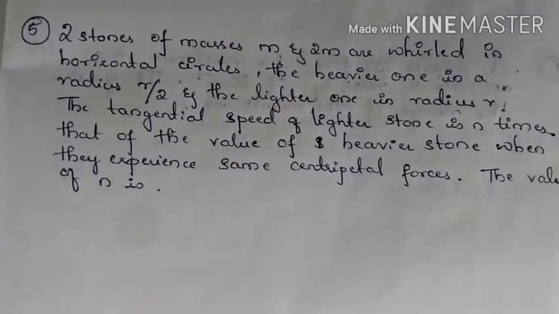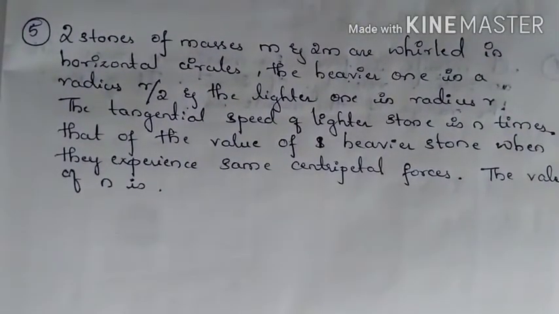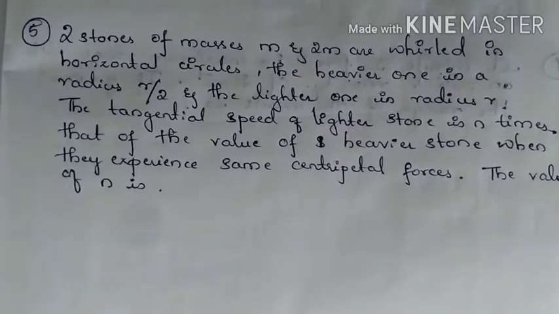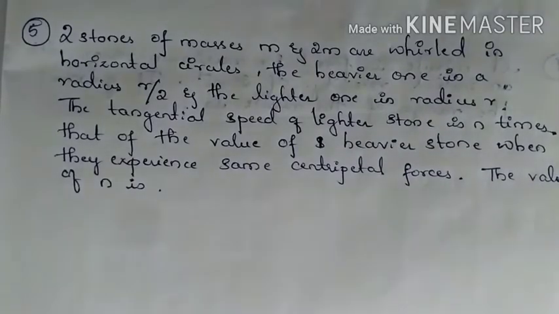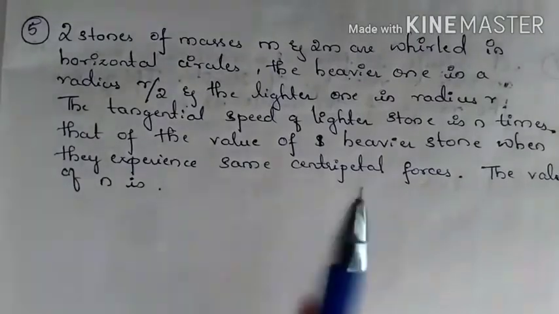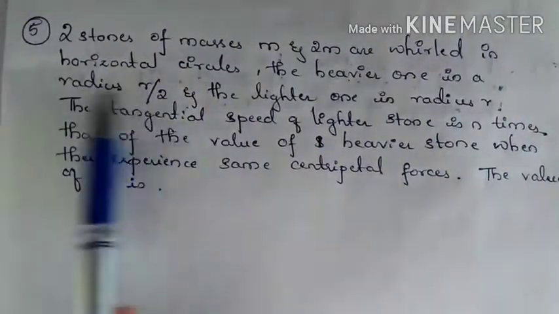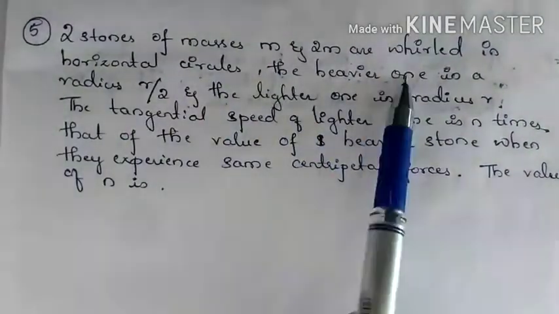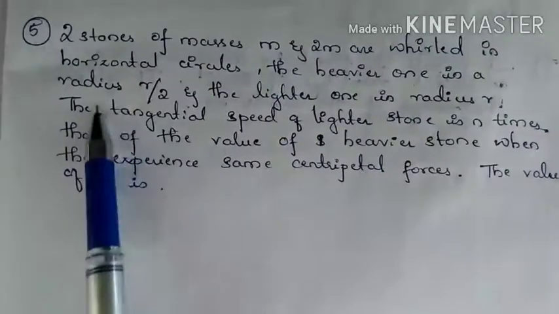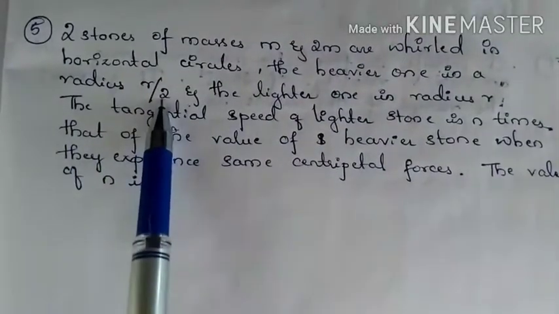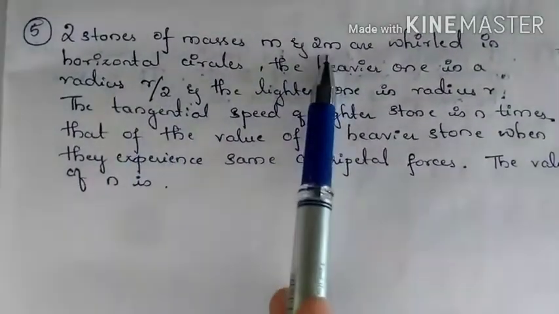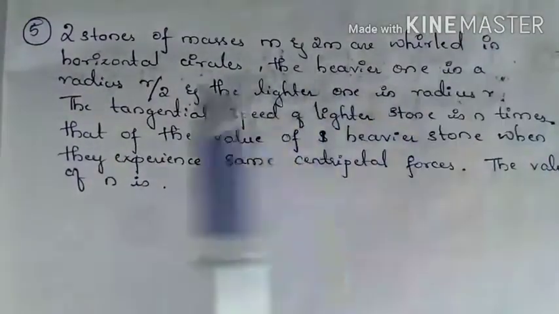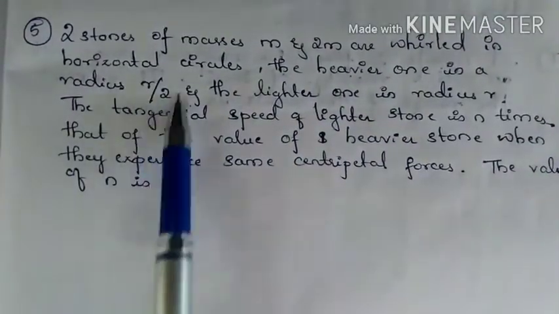Next, the fifth question. Two stones of masses m and 2m are whirled in a horizontal circle. The heavier one is in a radius r by 2.